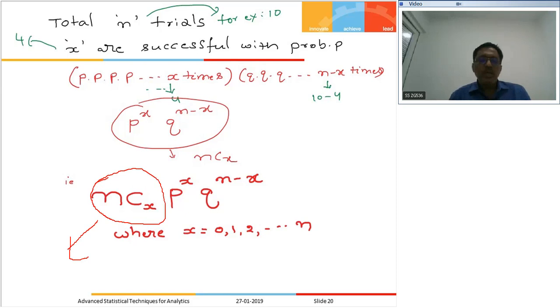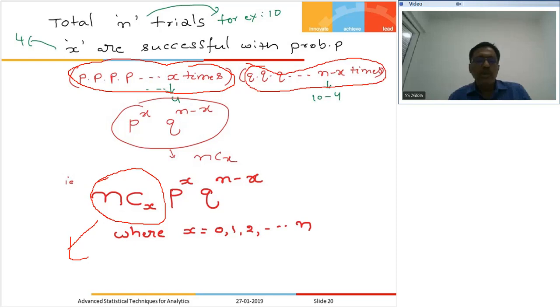Here, out of n trials, X are successful, so the probability of success, X times, means P power X. And the rest, n minus X, are failures, where every time the probability is Q, so you will have Q into Q, n minus X times. Therefore you will have P power X into Q power n minus X.